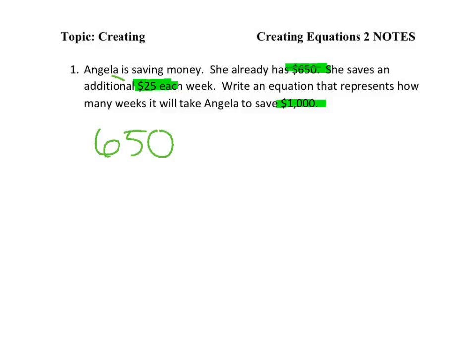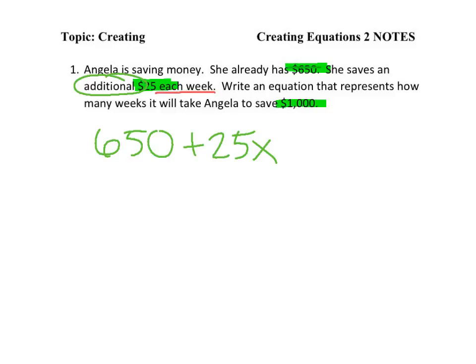Now the key word right here, additional, means that we're going to add $25. Now the key thing here is going to be each week. Now you don't know how many weeks, so I'm going to use an X to represent the number of weeks.